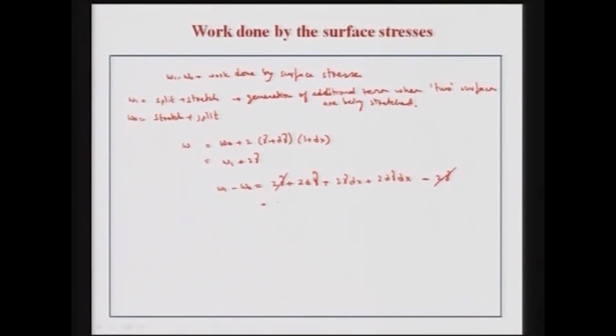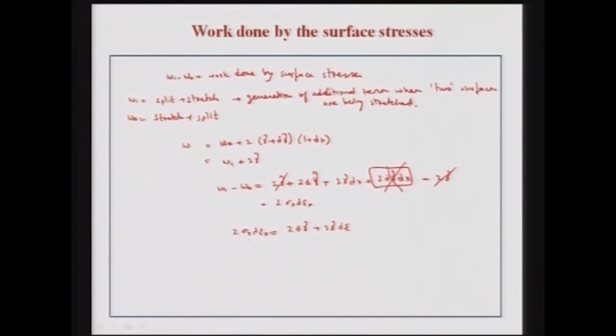This also equals 2 times sigma x d epsilon x. So we can see that it is equal to 2 d gamma. This term will be very small, so we can ignore this term.